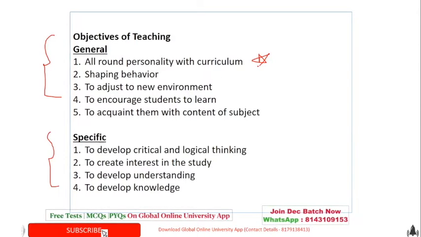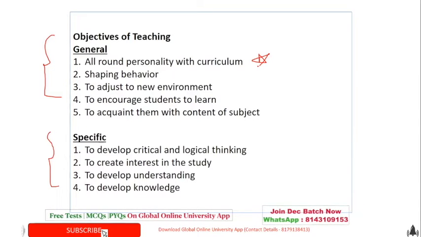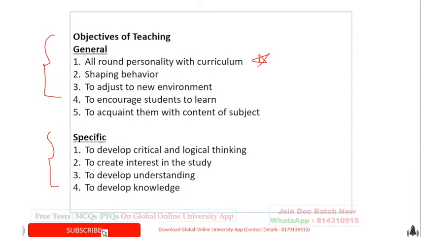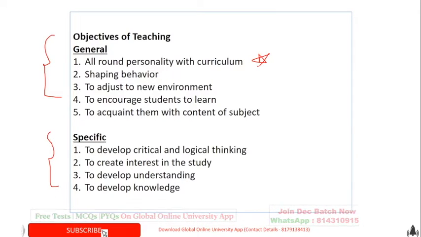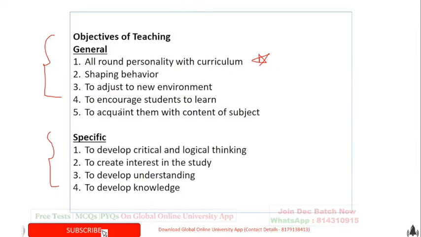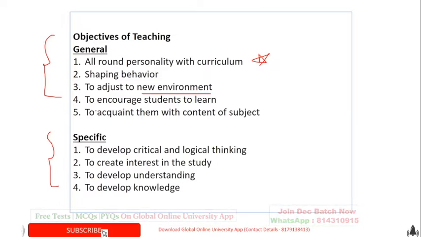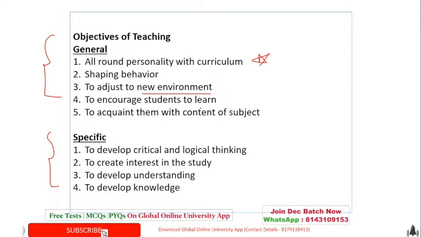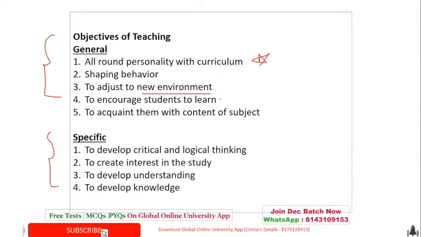It talks about the overall development or all-round personality of the students, with curriculum, which includes shaping of behavior, adaptability, that is adjusting to the new environment, and encouraging the students to learn, that is creating a desire to learn. All these are the forms of questions.